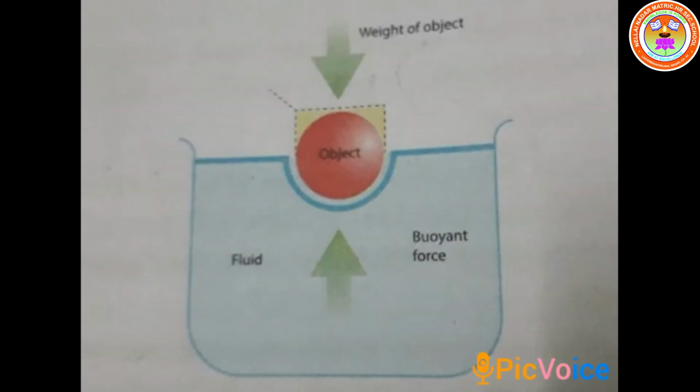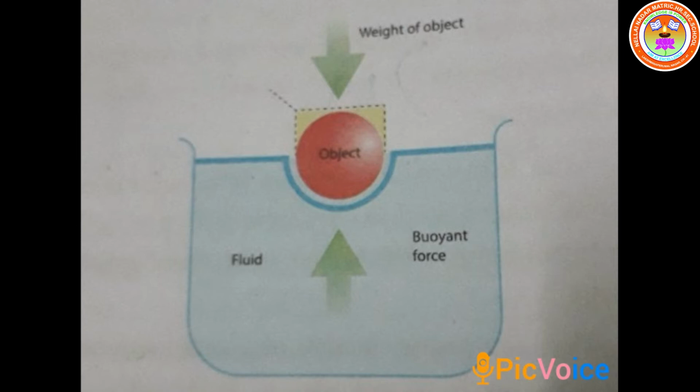Look at the picture clearly, students. This picture will explain about buoyant force. When an object is immersed in liquid, there will be two forces acting on the object. One is upward force and another one is downward force. Downward force is due to the gravity pull.